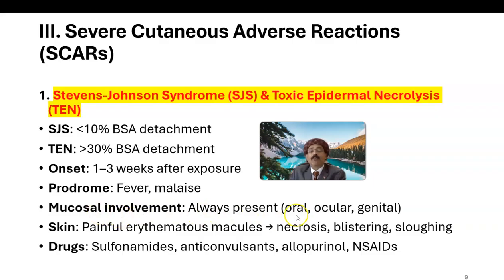Mucosal involvement is always present: oral, ocular, or genital. Skin: painful erythematous macules, necrosis, blistering, sloughing. Drugs that cause this problem: sulfonamide again, including cotrimoxazole, anticonvulsants like phenytoin, carbamazepine, allopurinol, used in gout, NSAIDs, non-steroidal anti-inflammatory drugs like ibuprofen, naproxen.